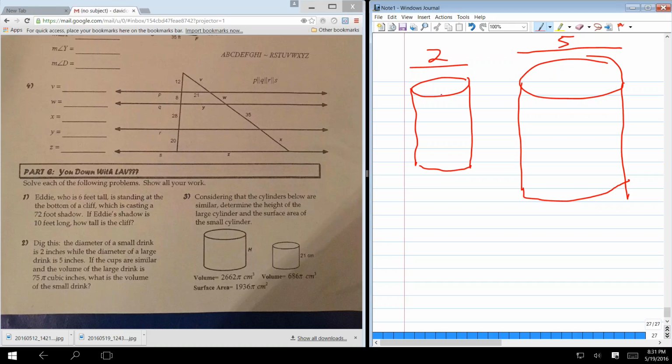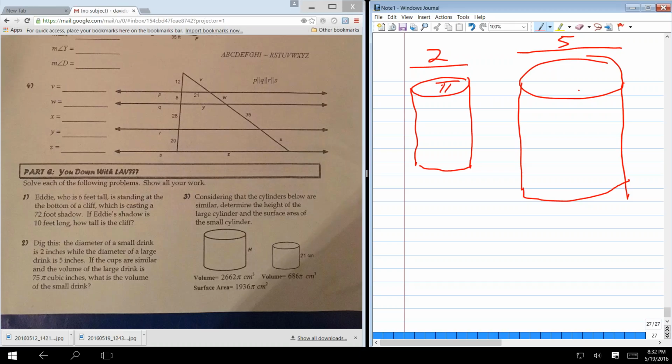What's the area of this? No, just the top. The area of that top. Pi times radius squared. What's the answer? Just one. Yes, just one. Okay. What's the area of this?